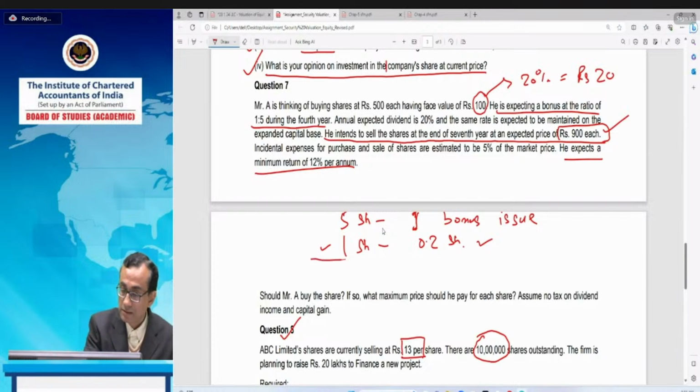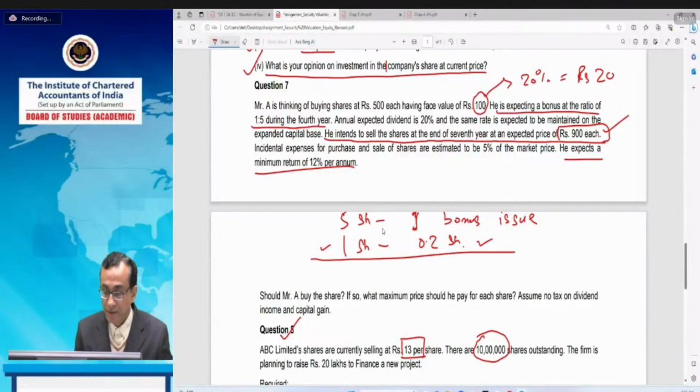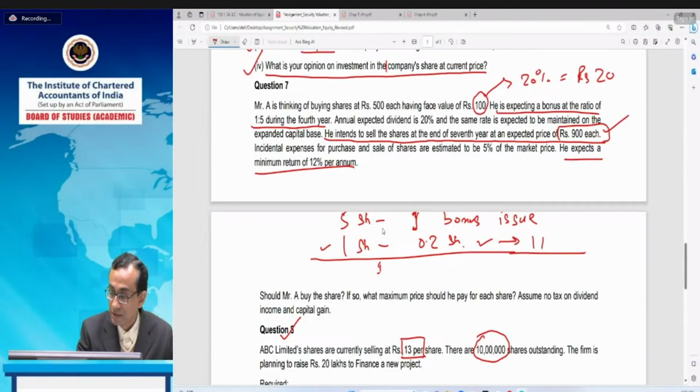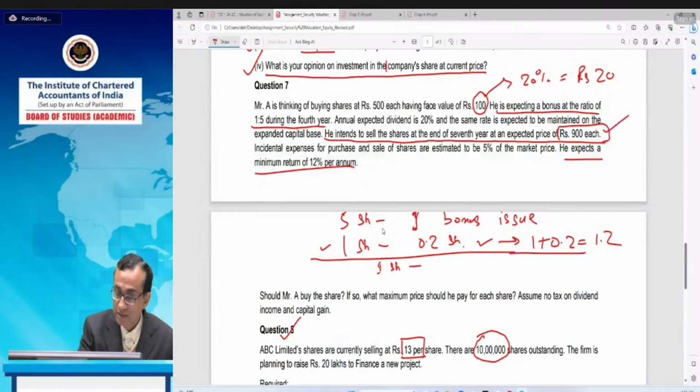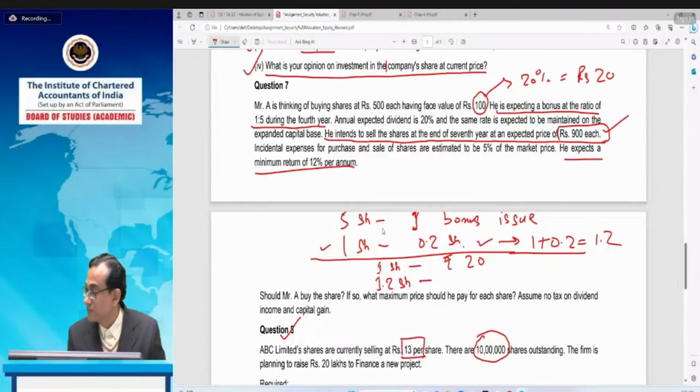For one share, now the total share will be how much? Total share will be 1 plus 0.2, that is 1.2. After the issue of bonus shares, total share will be 1 plus 0.2. Here we have calculated that for one share, the dividend is rupees 20. So for 1.2 shares, what will be the amount of dividend?